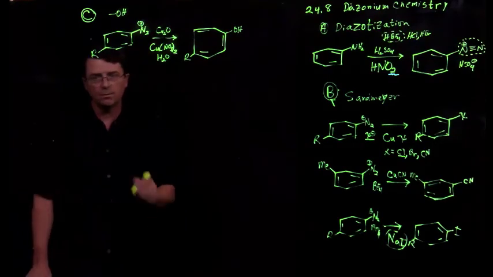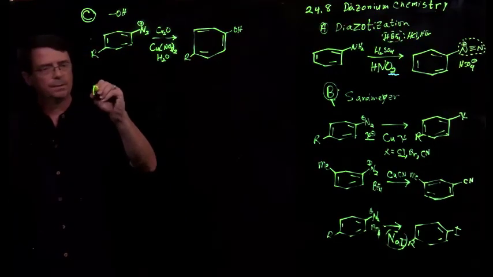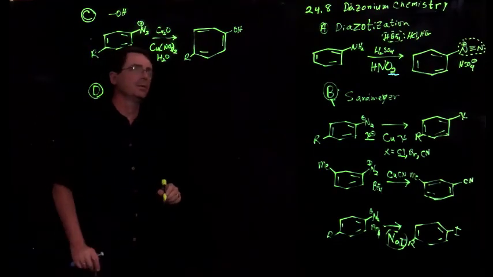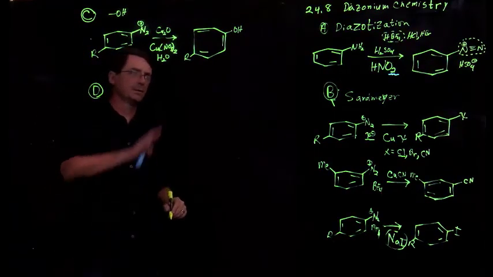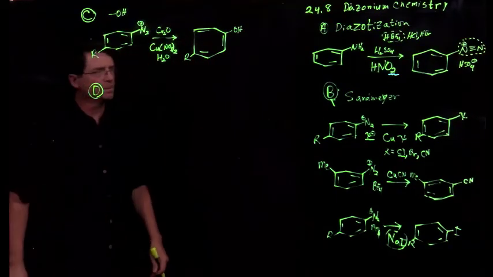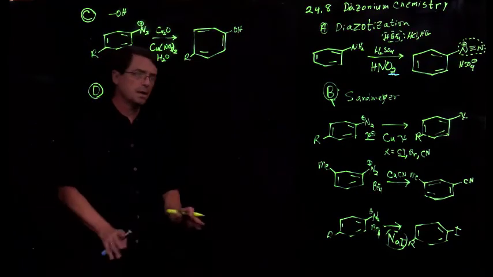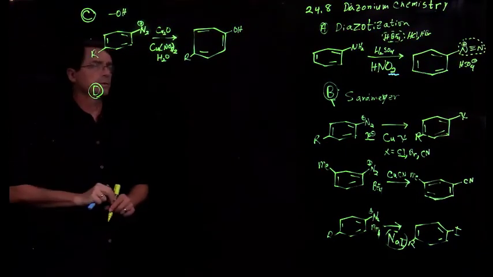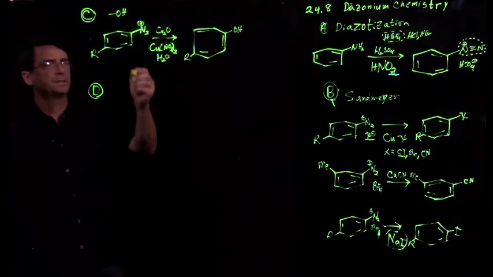All right, now there's one more that we want to do with these diazoniums in terms of the simple substitution chemistry. So all this is a direct substitution. Now it's not a nucleophilic substitution like we've seen before. It's not electrophilic substitution, right? We're not replacing hydrogens and we're not replacing halogens, we're replacing this diazonium.